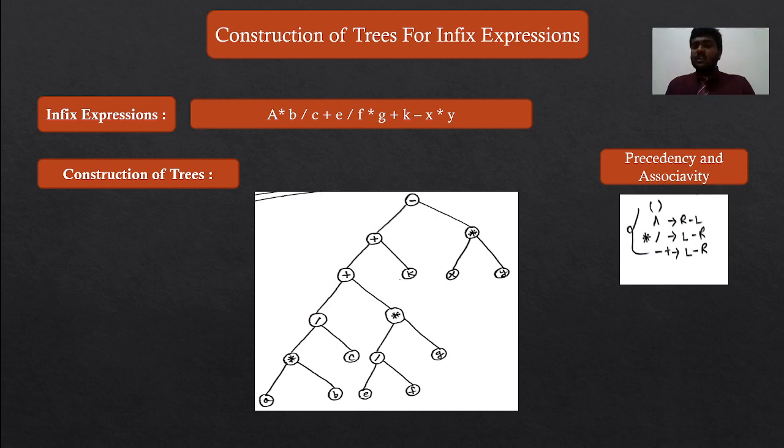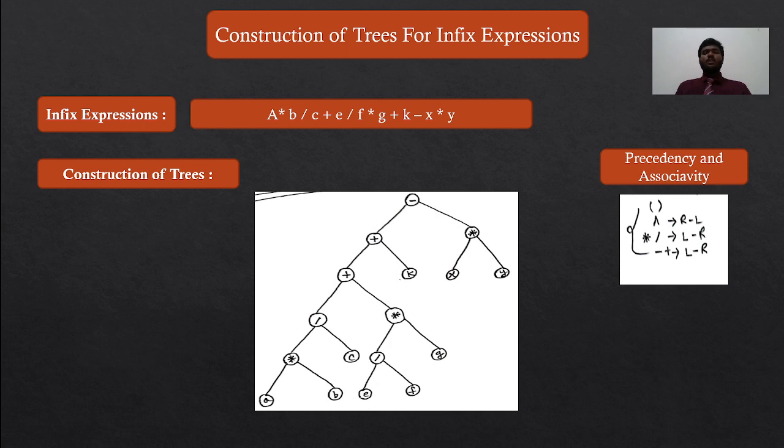associativity rules. Here the plus and minus have the lowest precedence, so according to the infix expression, minus is the main root, and all the operands are leaf nodes and all the operators are roots.